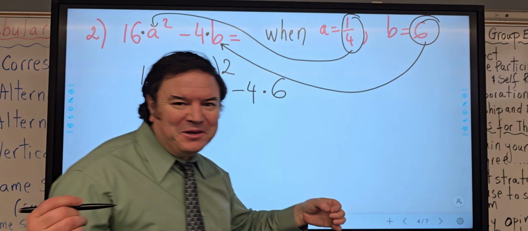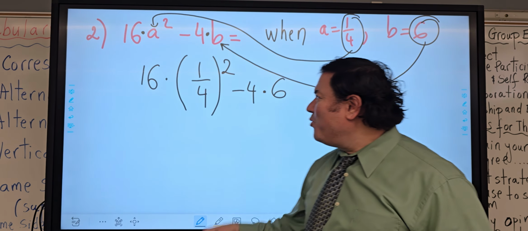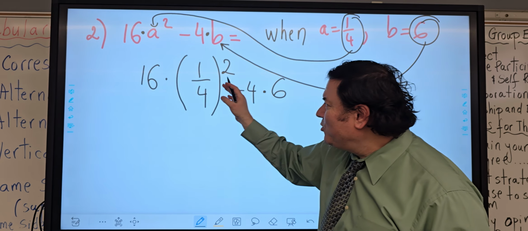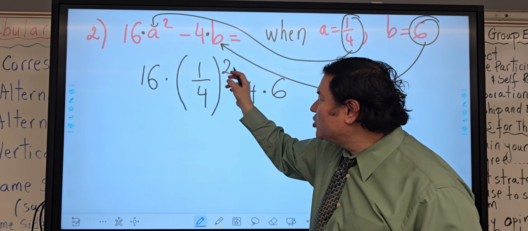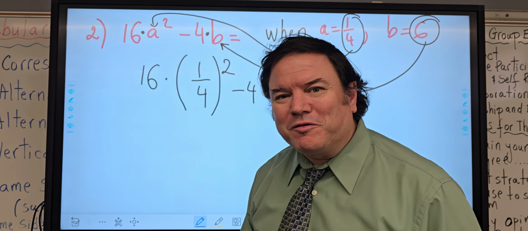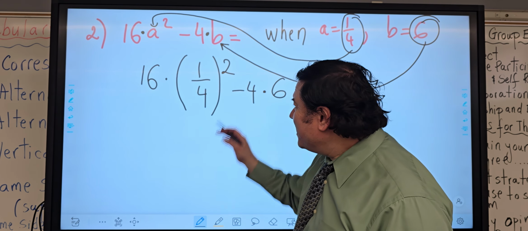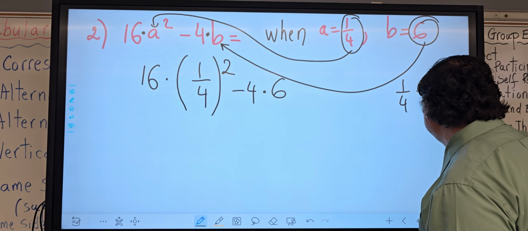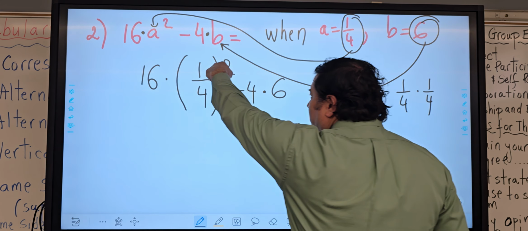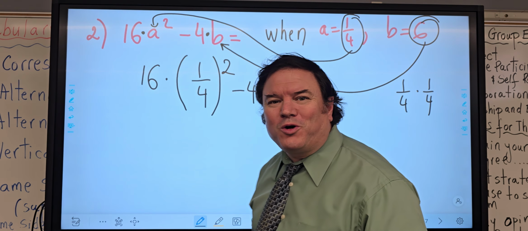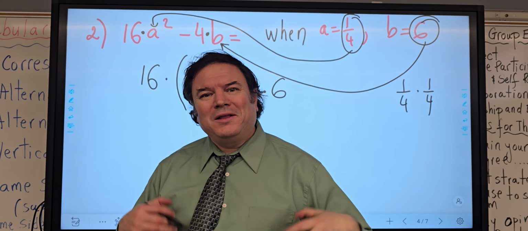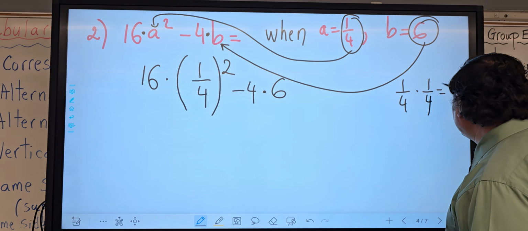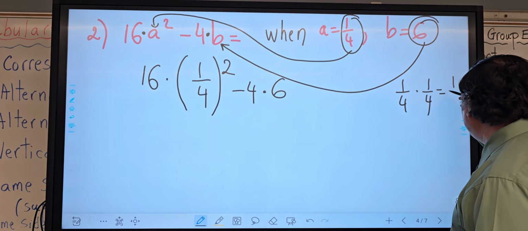Again, if we follow the order of operations, we have to do the exponents first. What does 1 over 4 squared mean? It means we multiply 1 over 4 twice: 1 over 4 times 1 over 4. 1 times 1 is 1, and 4 times 4 is 16.